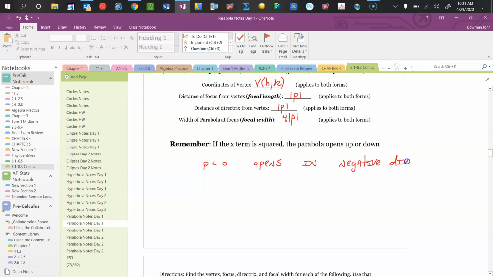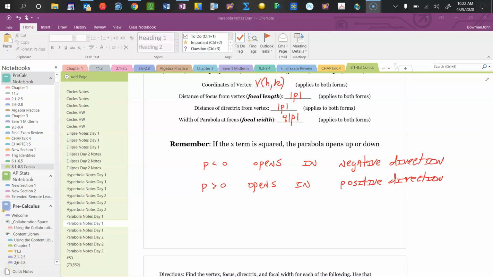So if the x term is squared and p is negative, then it opens in the negative y direction. And if p is greater than 0, it opens in the positive direction. So, for example, if the y term is squared and p is positive, then the parabola opens to the right, or in the positive x direction.